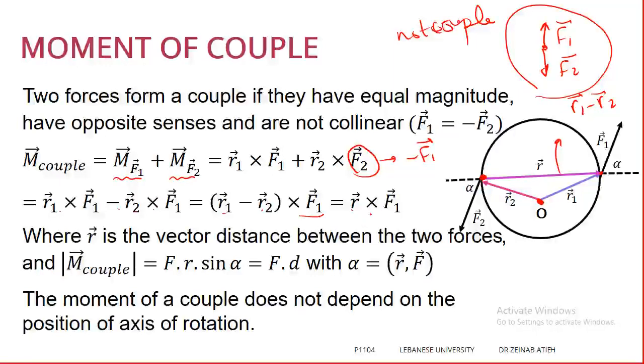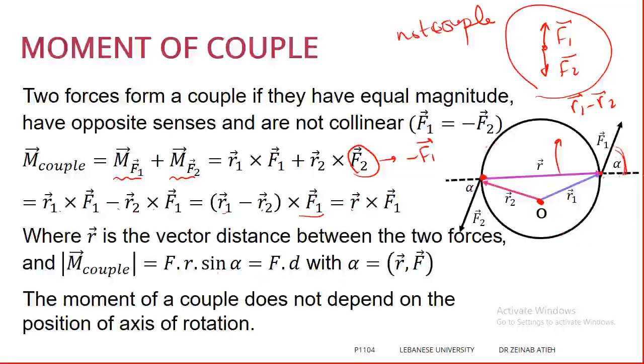The vector in purple is simply the R1 minus R2 vector, so the moment of a couple is equal to R cross F1, where R is the vector distance between these two forces. Okay, so if I'm searching for the moment of a couple as a magnitude, then the moment is equal to R F times sine alpha, where alpha is the angle between R and F1, as you can see here from the figure. So this is alpha.